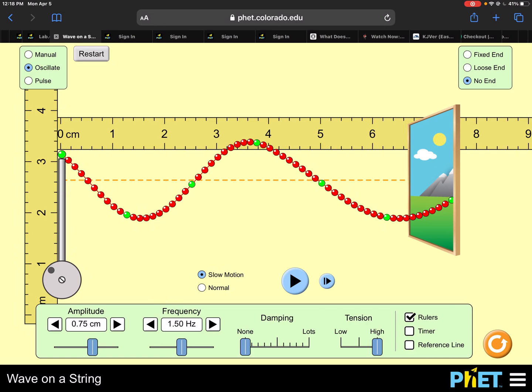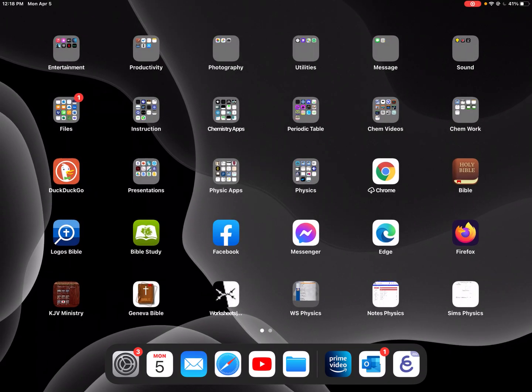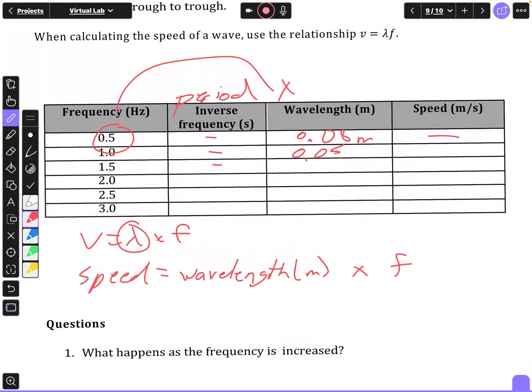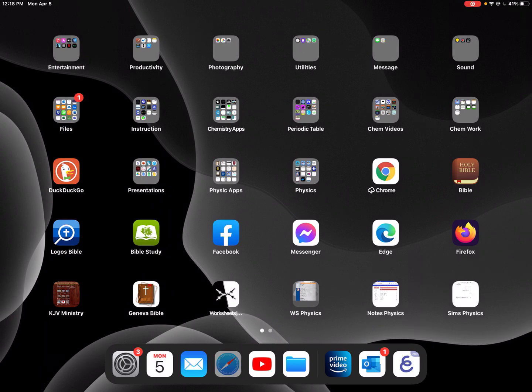So I'm going to say that same part of the wave is about 3.2. So it's 0 to 3.2 centimeters. If I take 3.2 centimeters divided by 100, I would get 0.032 for my wavelength.